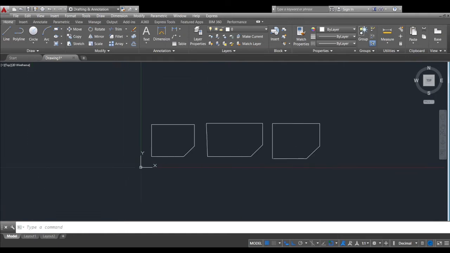So in this figure, we use direct distance, and we have picking, and this is the drawing that we have made using the absolute coordinate method.